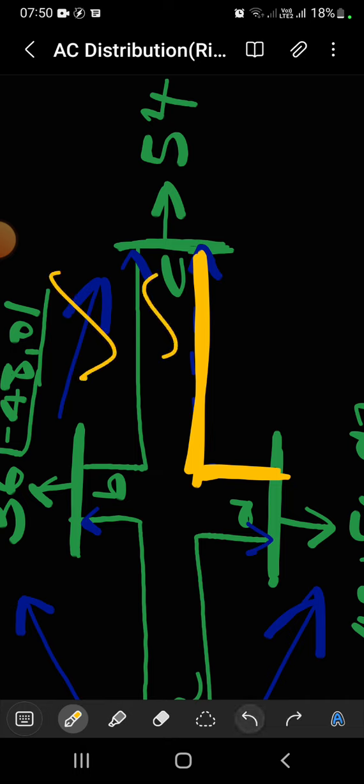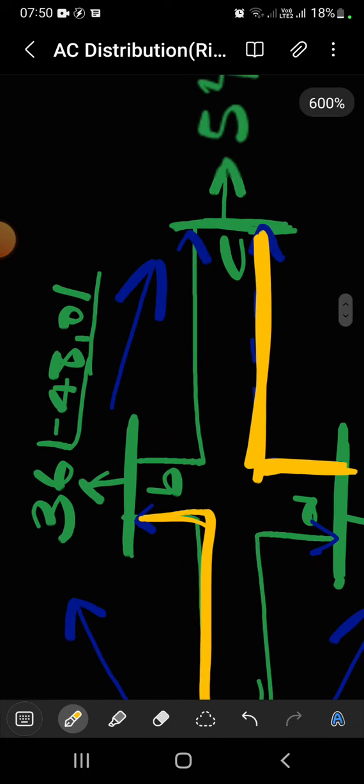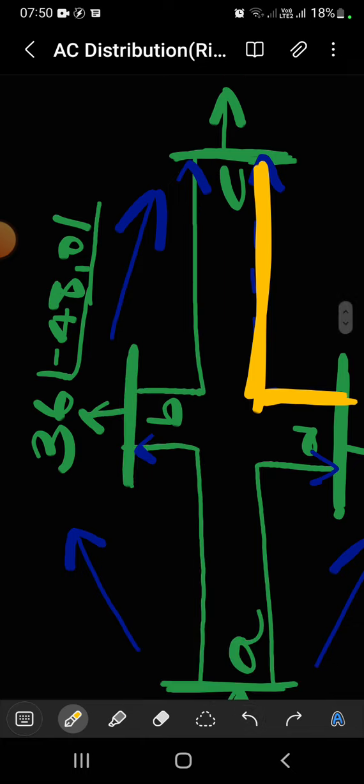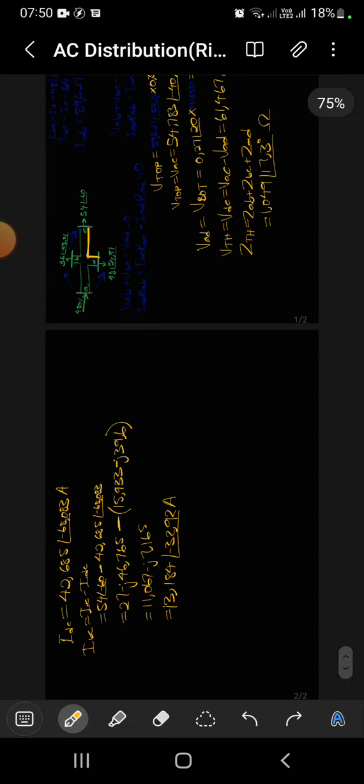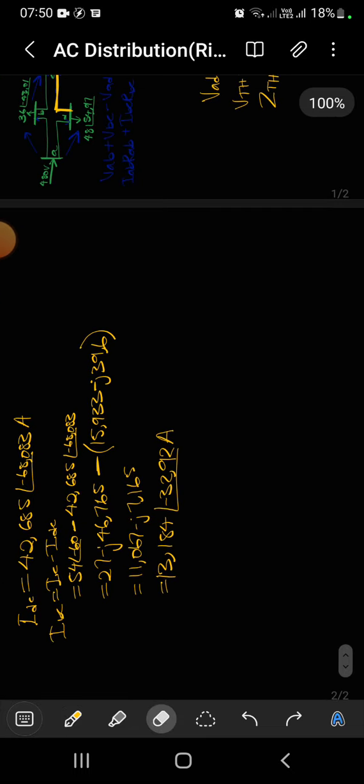Let's go for IAB. IAB is entering point B, and then IB and then IBC, they're leaving the very same point. So, Kirchhoff's current law. Okay, let me first create space. I hope you wrote that down.